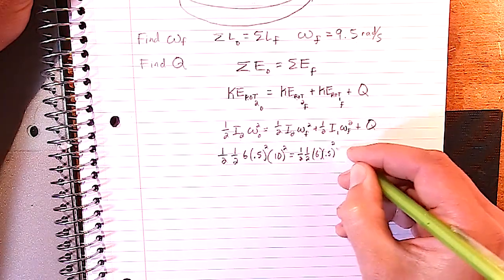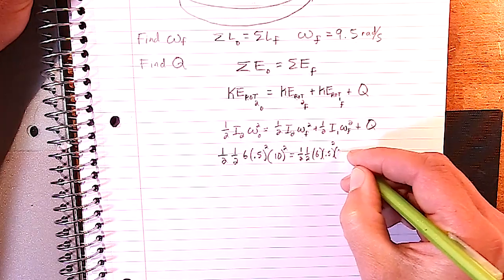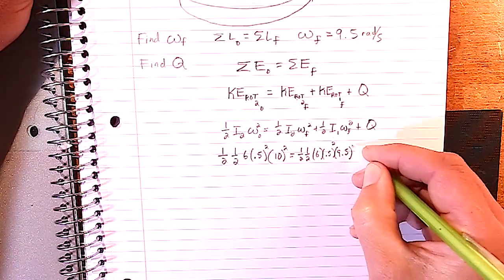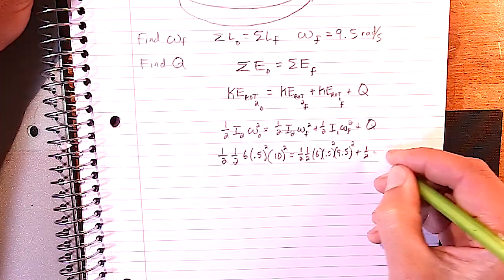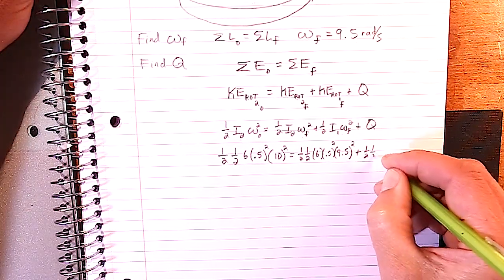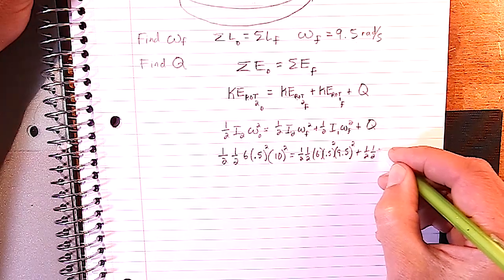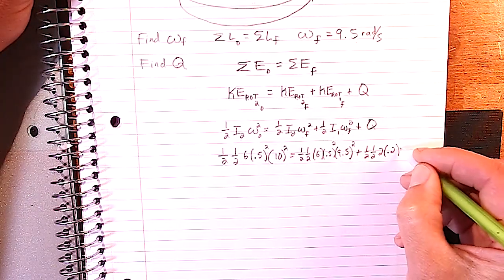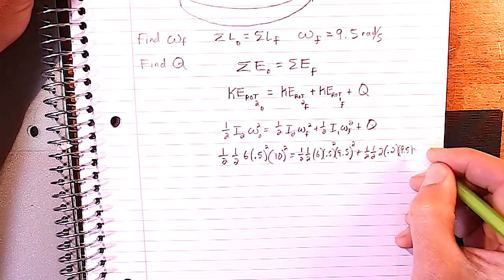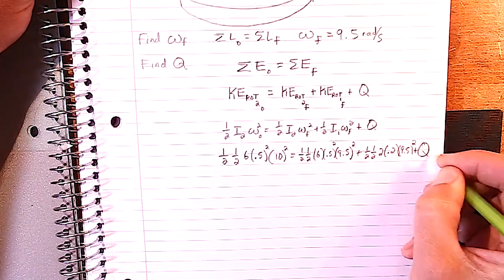But the difference on this is that it's moving at 9.5 radians per second. Then we have the smaller disk, so 1/2 mr squared is 1/2, 1/2. M was 2 at a radius of 0.2 times 9.5 squared plus Q.